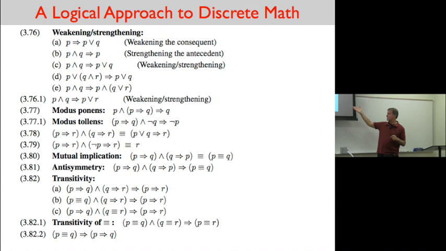In some logics, modus ponens is the way you prove stuff. It says that if P is true and P implies Q is true, that implies that Q is true.